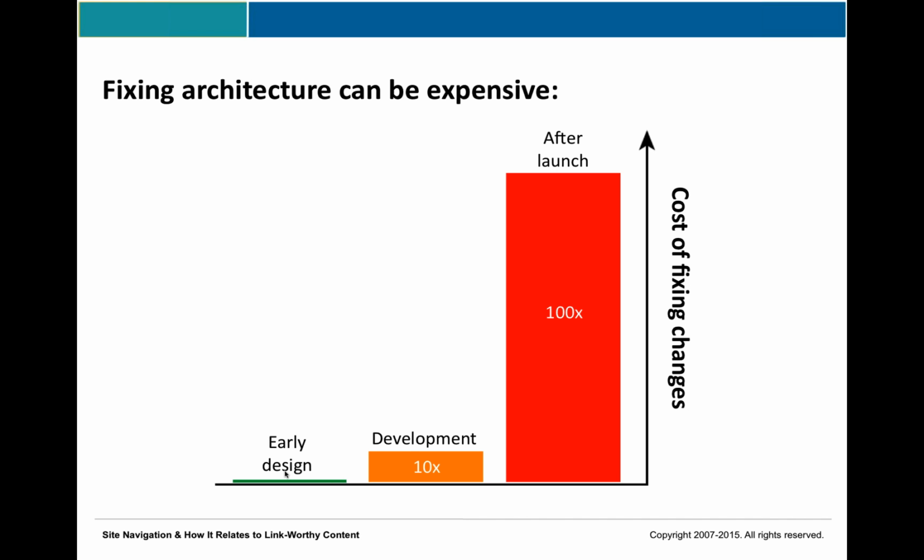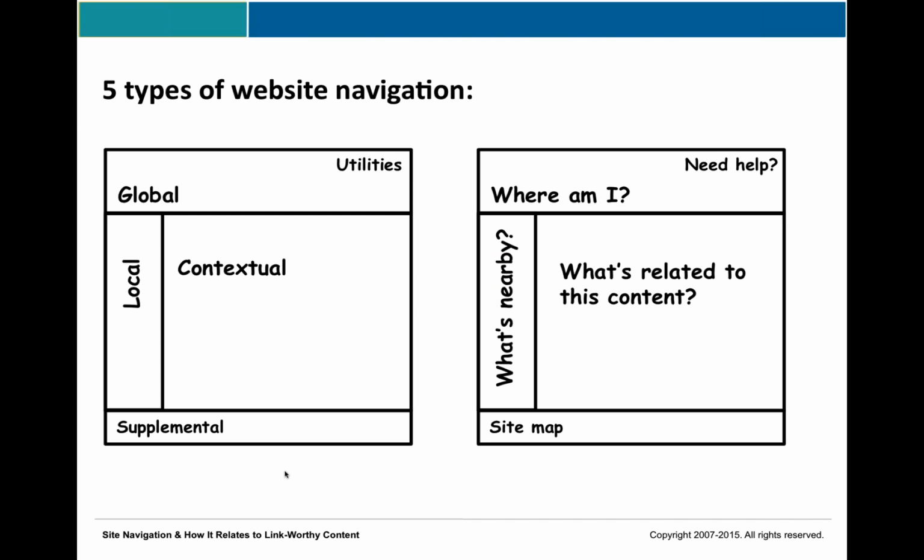If you wait till the developers started coding, it's not as good, but it's not as bad as waiting till after the site's launched. Just know that as the general rule, if you can do this before the site is launched, you are way ahead of the game. So the good news is that I'm showing you what to do. There are 5 types of website navigation: global, local, contextual, and supplemental.